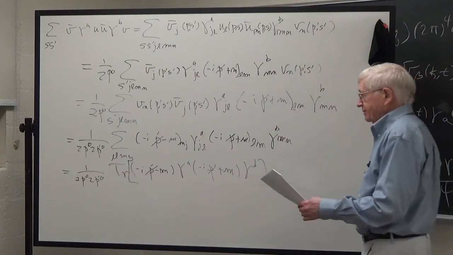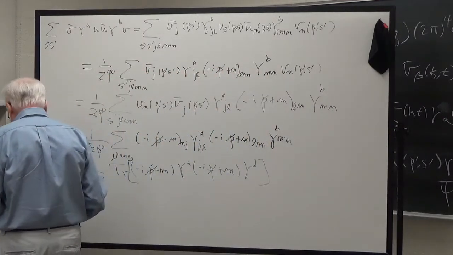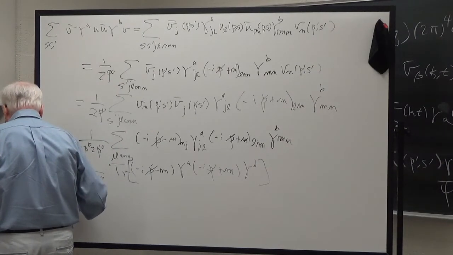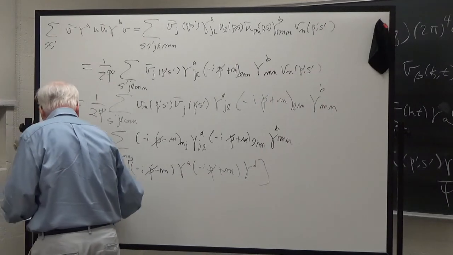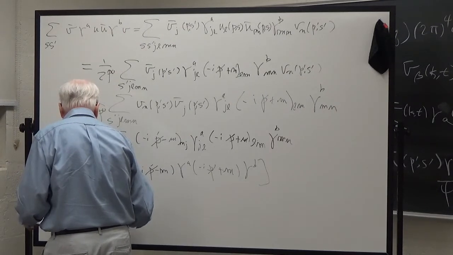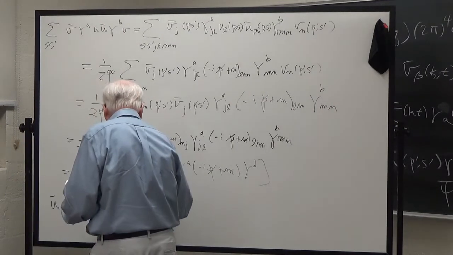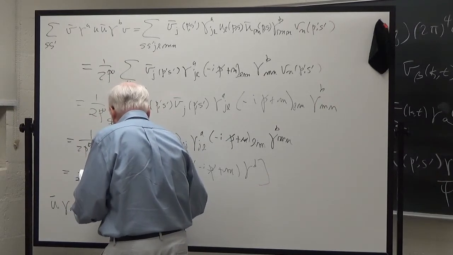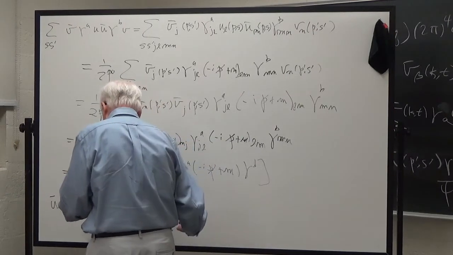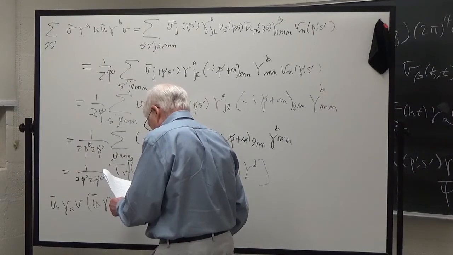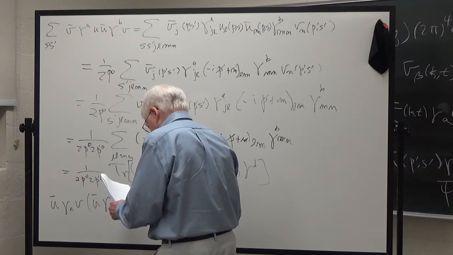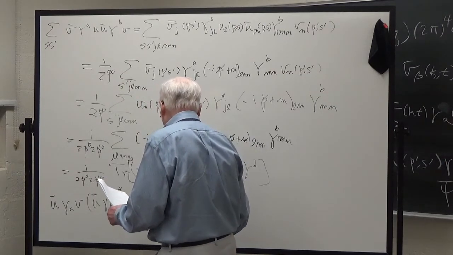So this is the electron term. The muon term is u bar gamma A v, u bar gamma B v, star, and if you sum over everything you have the sum over u bar gamma A v, v bar gamma... I see I've got my A's and B's a little bit confused here.